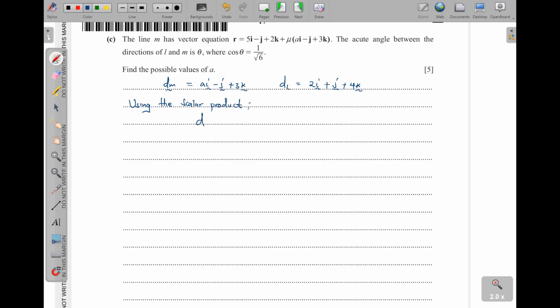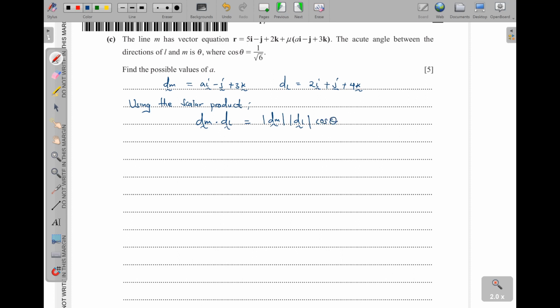So the directional vector of M dotted with the directional vector of L will give us the modulus of the directional vector of M times the modulus of the directional vector of L, then cosine of the angle in between them.